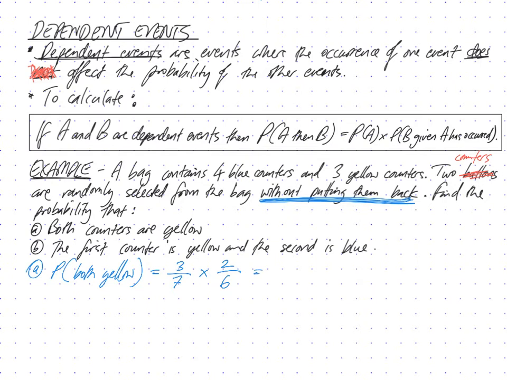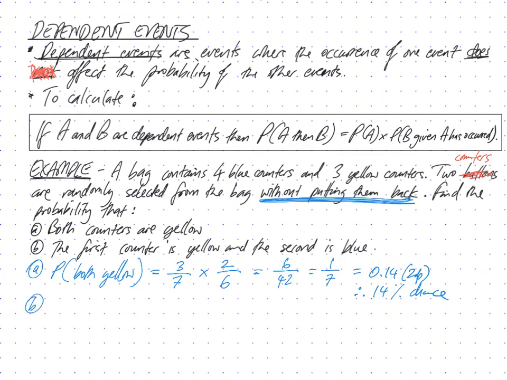So it's going to be 3 on 7 times 2 on 6, that's 6 on 42. So that's a 1 in 7 chance of that occurring, which is 0.14 to 2 decimal places, therefore a 14% chance of getting a yellow first and a yellow second.